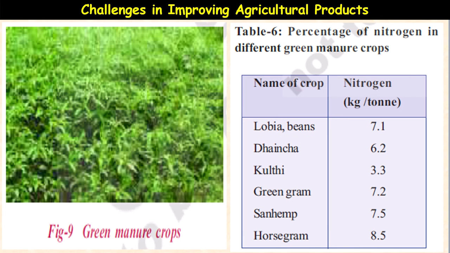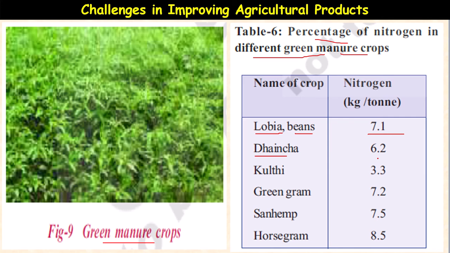You can see the green manure crops, such as sun hemp, and the percentage of nitrogen in the different crops. Lobia beans have a very high nitrogen content, 7.1 kilograms per ton.